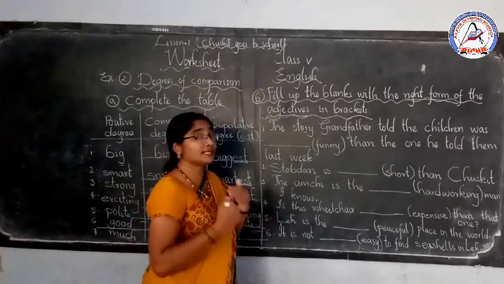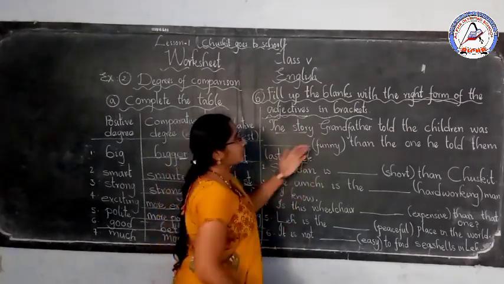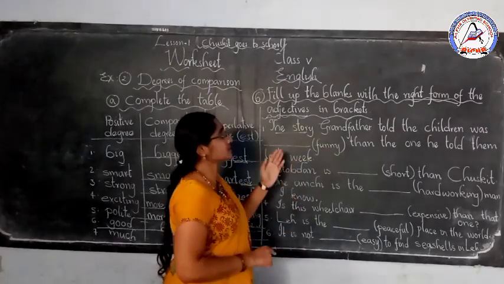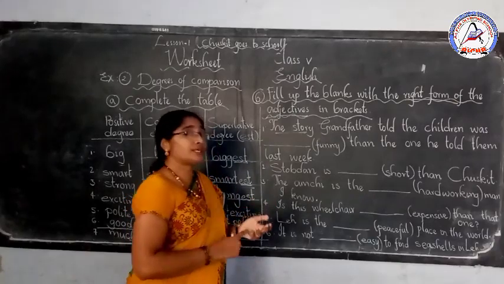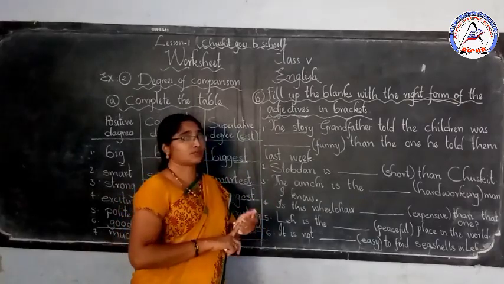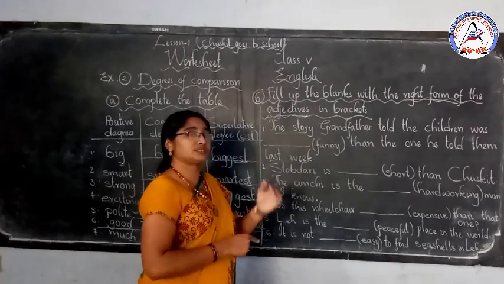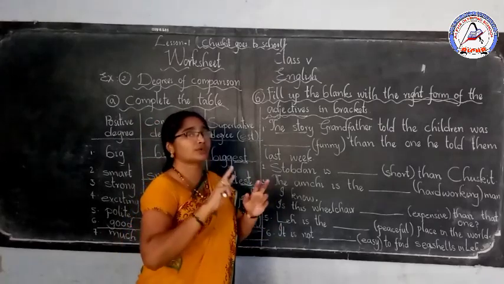How many stories? He told one story last week and also one story now. So here in this sentence we are comparing two stories: the story which is told now and the story which was told last week.